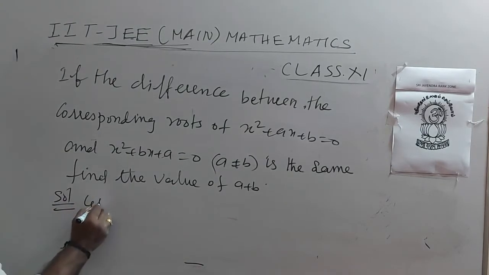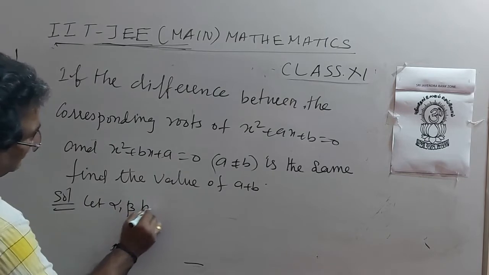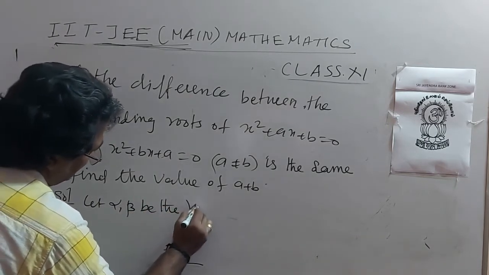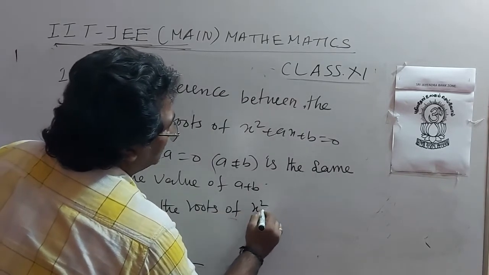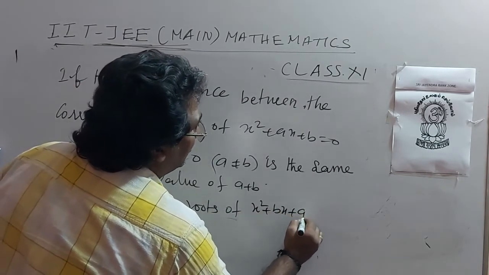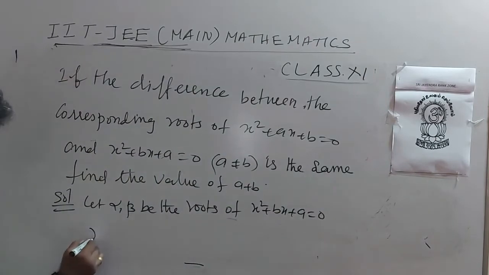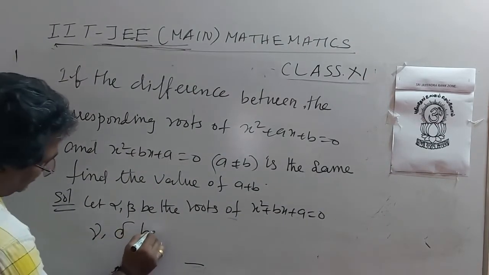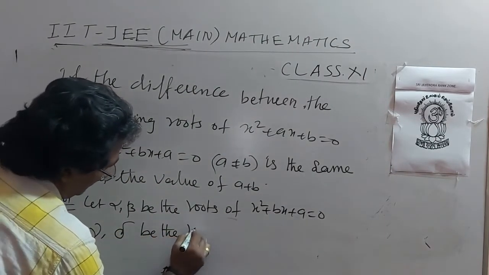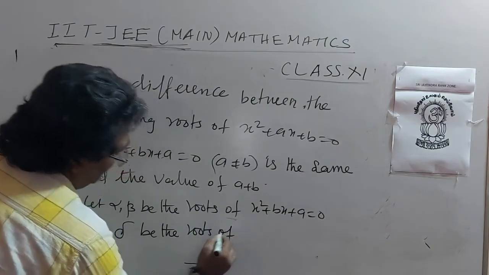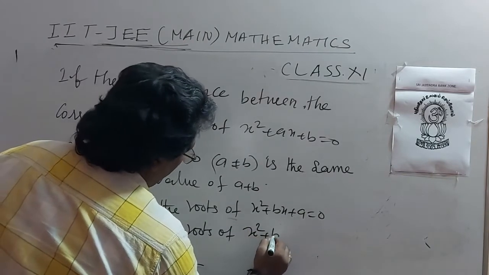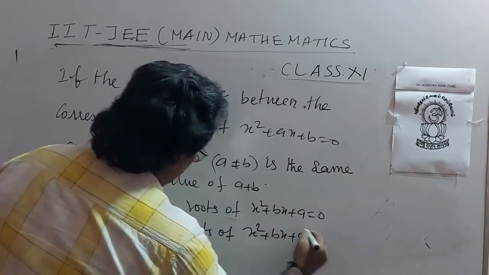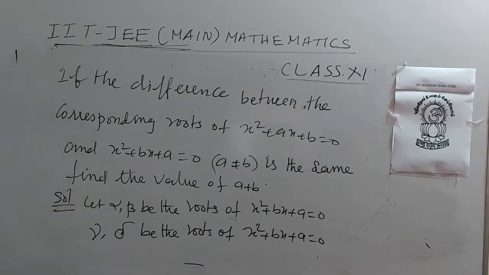Solution. Let alpha, beta be the roots of x square plus ax plus b equals 0. Gamma, delta be the roots of x square plus bx plus a equals 0.